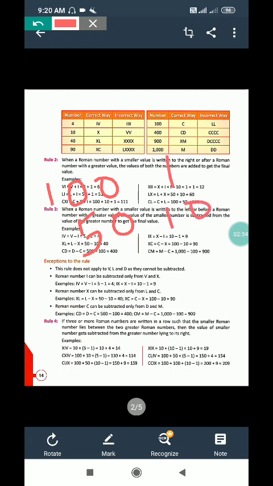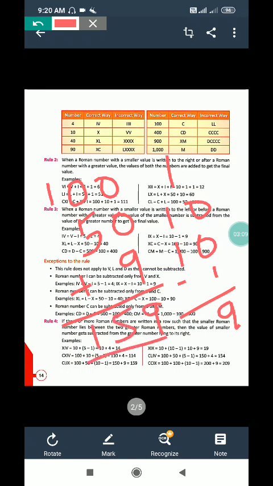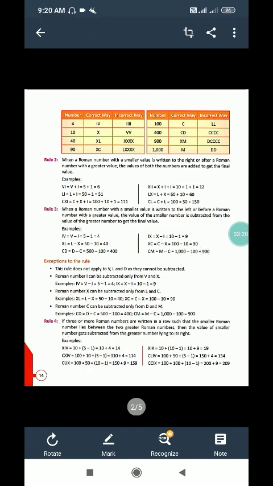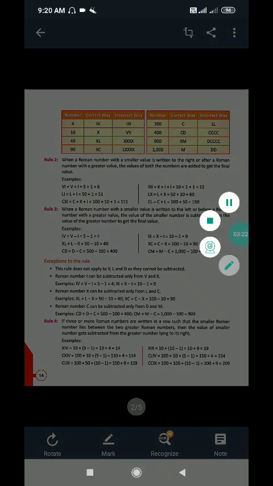So I comes before X, that means 10 minus 1 is equal to 9. So 9 would come here. So what is the value of this number? 159. So the value of CLIX is equal to 159.